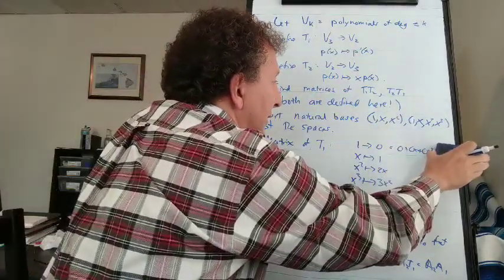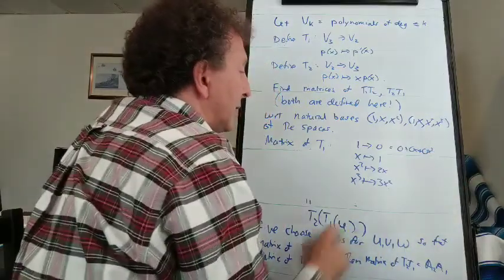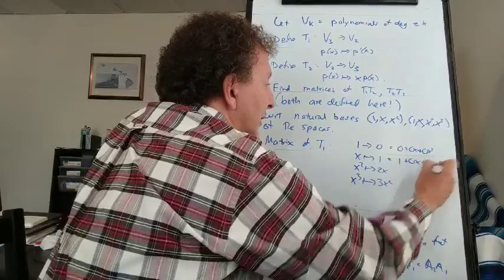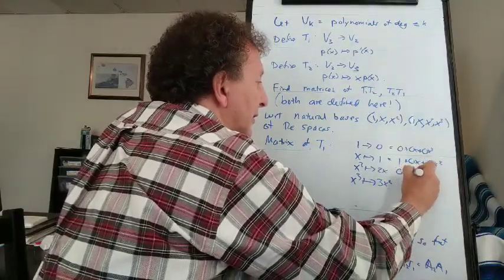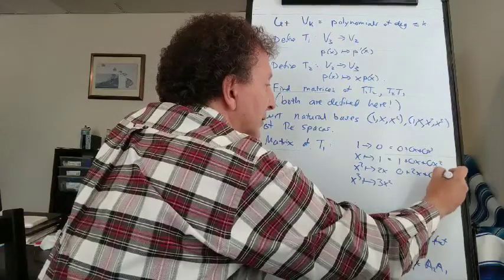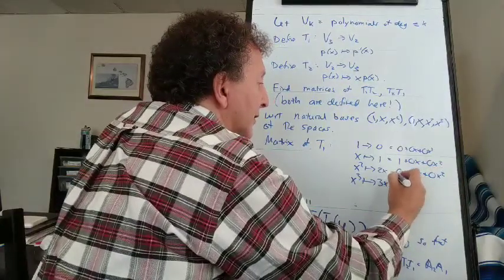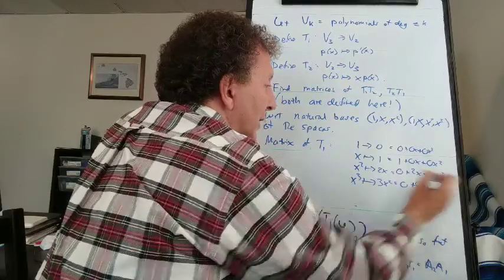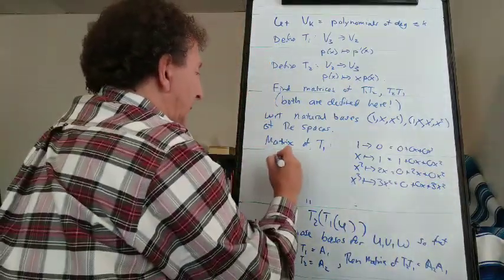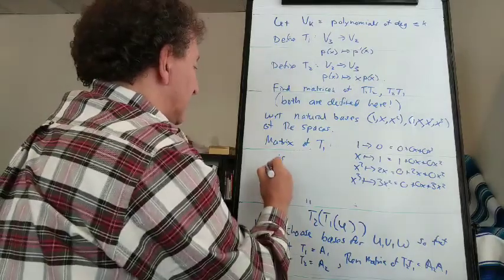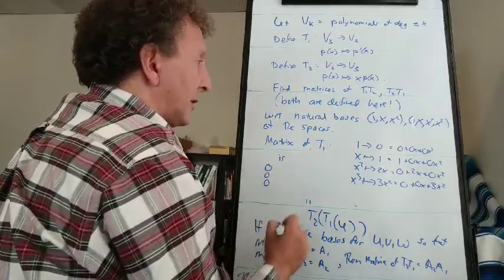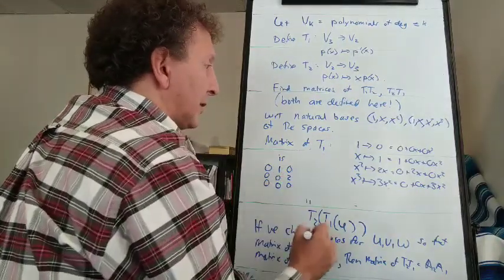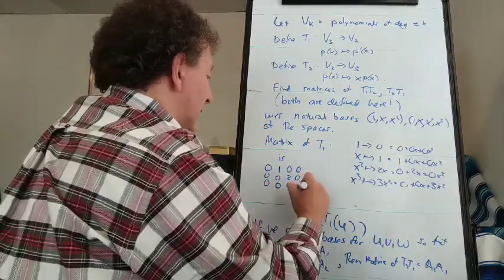And 1 is 1 plus 0x plus 0x squared. 2x is 0 plus 2x plus 0x squared, and 3x squared is 0 plus 0x plus 3x squared. So the matrix of T1 is the first coordinate vector, second coordinate vector, third coordinate vector, fourth coordinate vector.